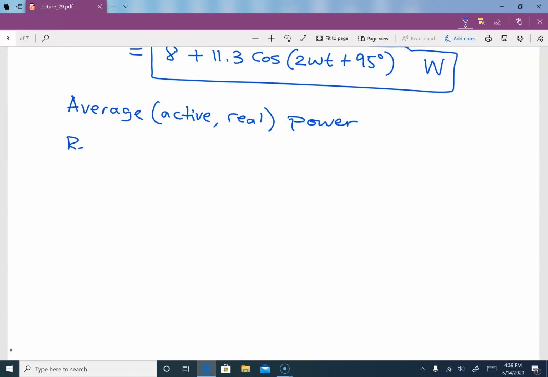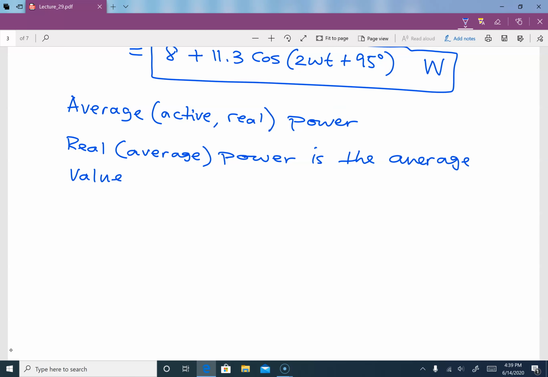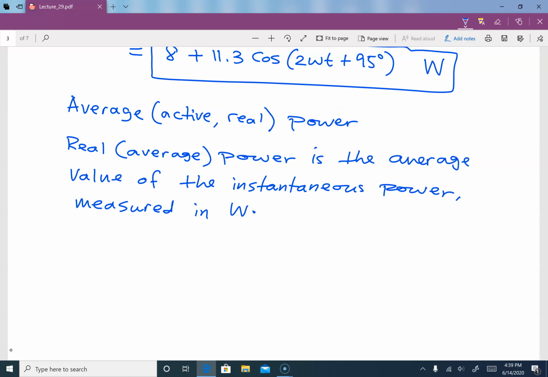So we can say here real power, or average power, is the average value of the instantaneous power. And it is also measured in watts.